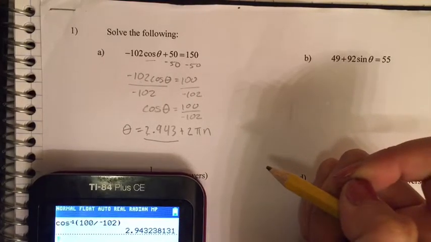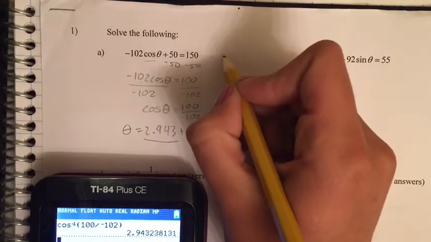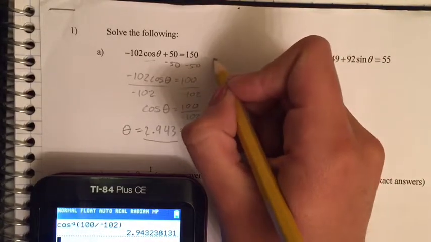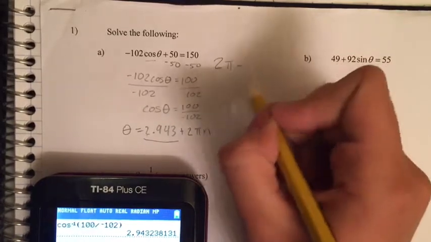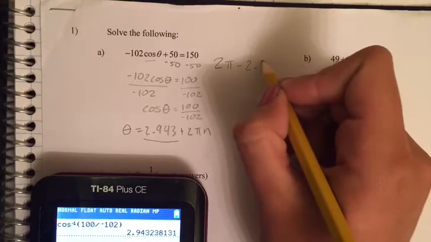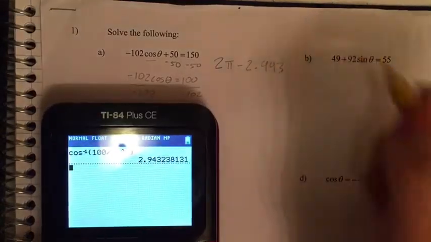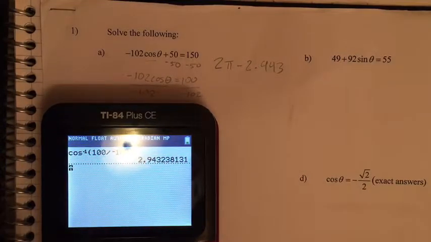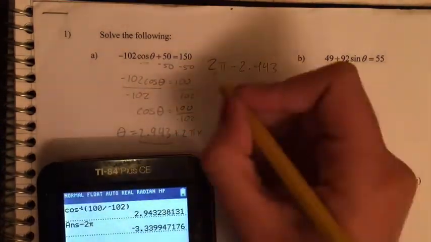And once you're there, you're also going to want to find the opposite. So you take 2 pi and you subtract this answer. You take your calculator and go second answer minus 2 pi, and that is your other answer.